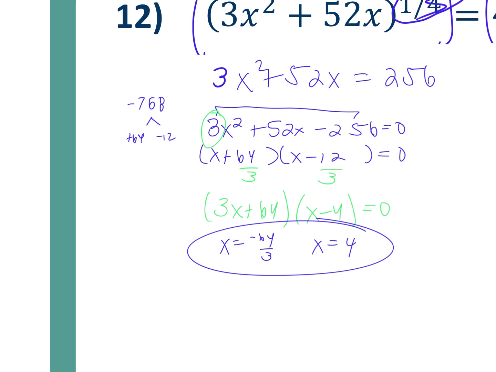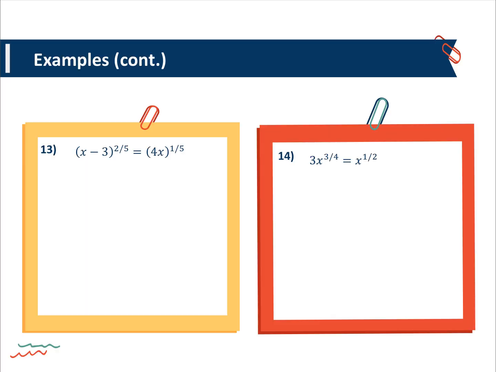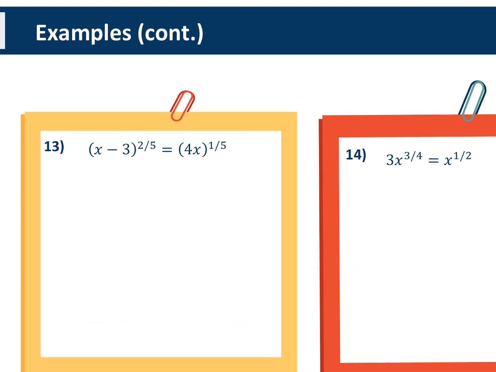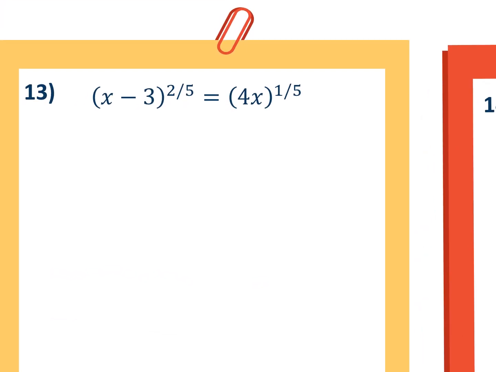All right, let's look at the last two. And then I have an extra one that I ran into on WebAssign. I just want to make sure you guys see. Okay. What do we notice about this problem? One has 2/5, one has 1/5, right?